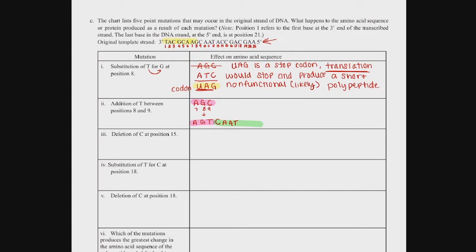So it's bumping over these bases. So now this is a codon, this is a codon. It's kind of moving and shifting it over. So serine would still be the third amino acid, but all amino acids that follow would differ from the sequence that was originally coded in this equation above.